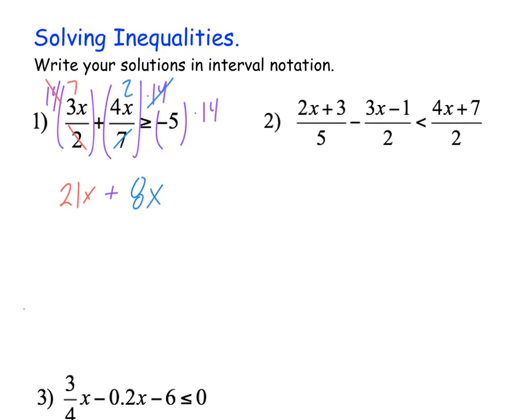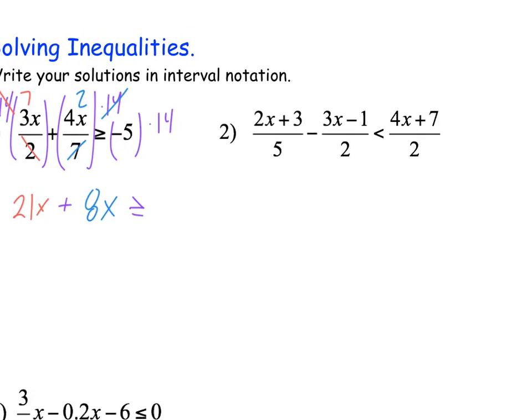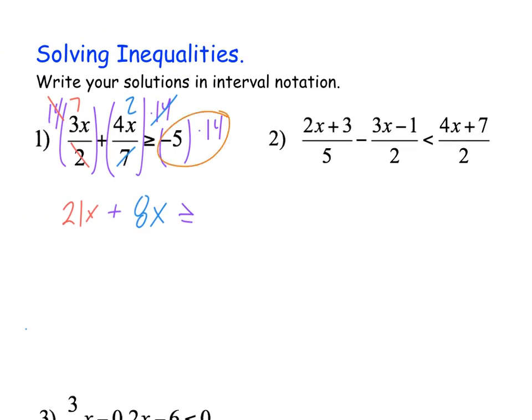And then it's greater than or equal to, and then on the last one here, the 14 doesn't have anything to cancel with, so it's just 14 times 5, which is 70, so it's going to be negative 70. And then from there, it should be pretty easy to solve this.